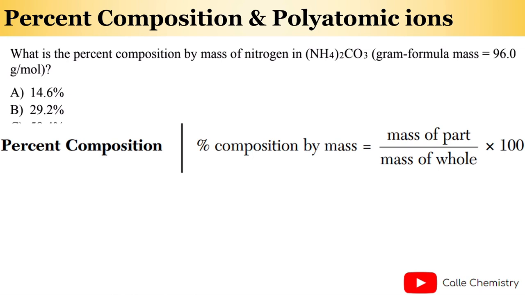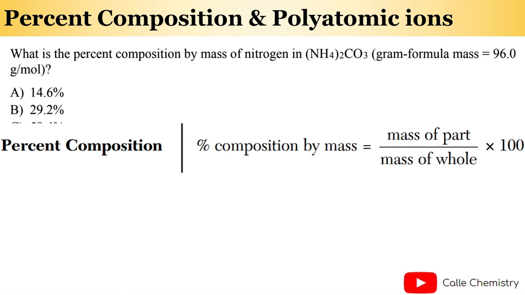So now I'm going to use this equation. So mass of part, let's look at the question. What is the percent composition by mass of nitrogen in this formula? Okay, so the part we should identify right away is nitrogen.